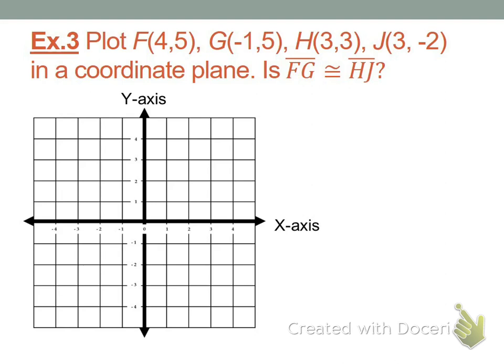All right, now I'm hoping we remembered how to plot points from algebra. We move along our x-axis first and then along our y-axis. So I'm going to go ahead and just put the points up on my grid. I would make sure you're labeling them if you did not already do so.